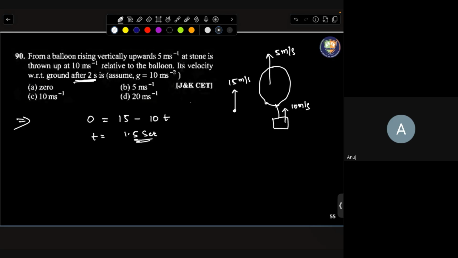That means it goes up, stops here, and it will take around 1.5 second. So what time is left? 0.5. At this point, initial velocity is 0, so the final velocity will be 0 plus g acting in the direction of displacement, so 10 into the time left, 0.5. So it is 5 meter per second. This will be the answer.